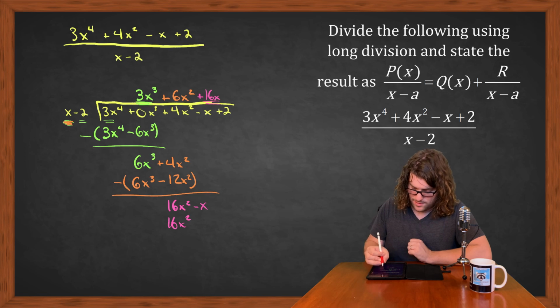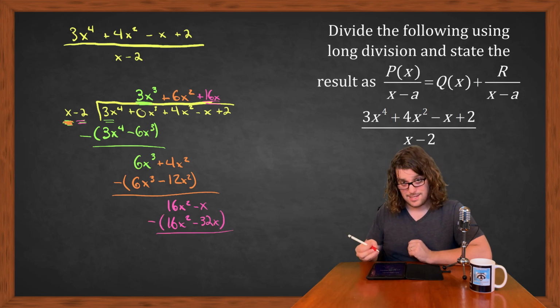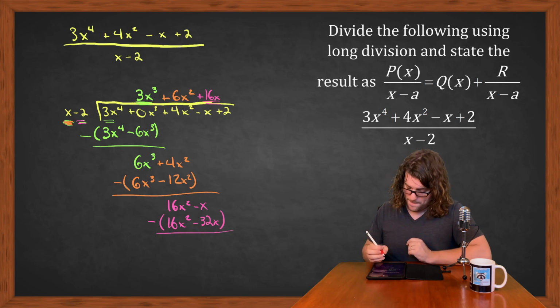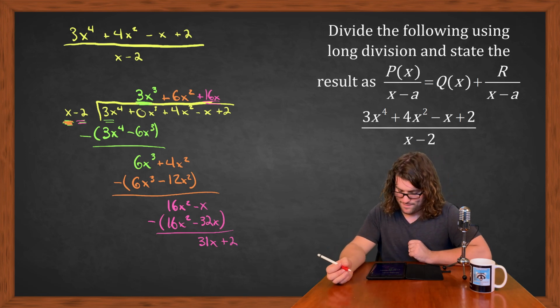Multiply this by my negative 2 as well, which gives me negative 32x. Going to do that subtraction and get 16x squared minus 16x squared is going to give me 0 again. Negative x minus a negative 32x, adding 32, is going to give us 31x. I'm going to bring down my 2, and then I have the last part of my division.